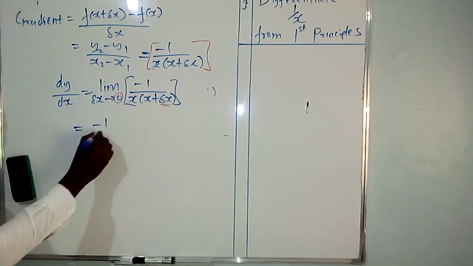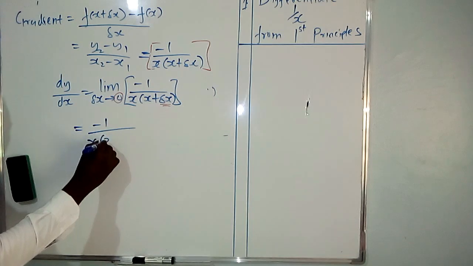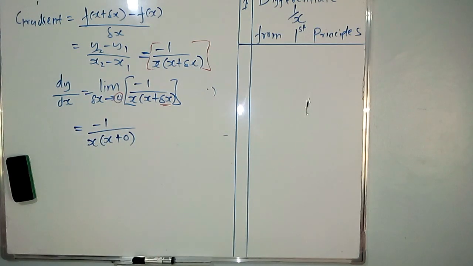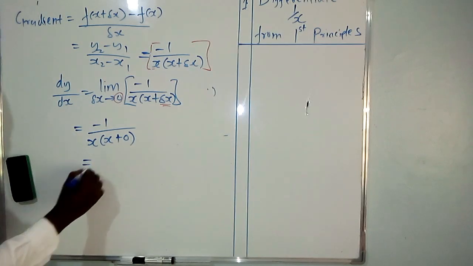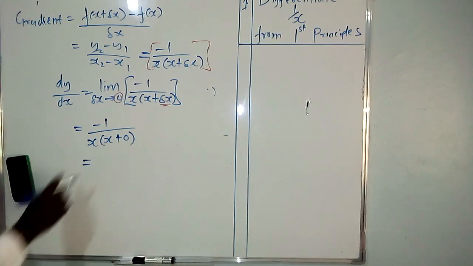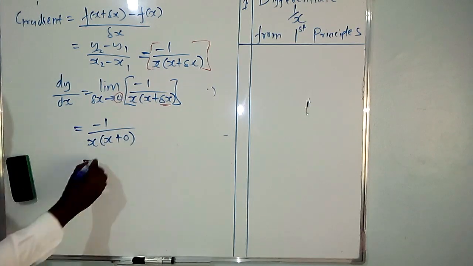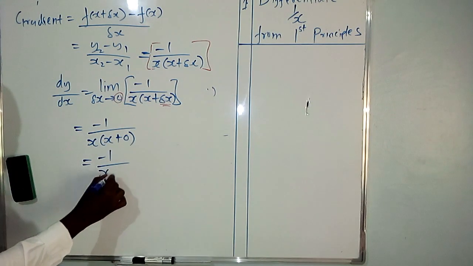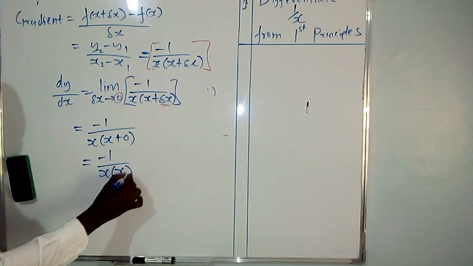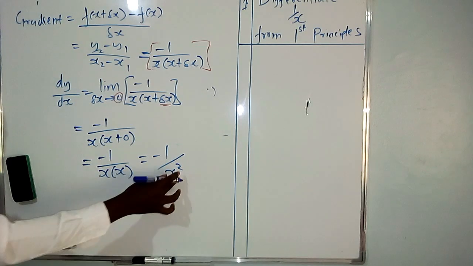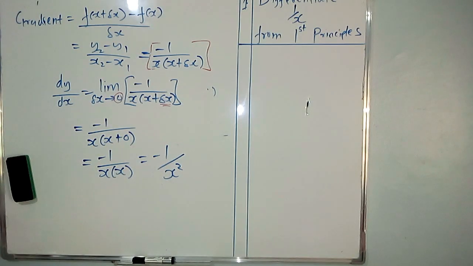So in the numerator we remain with negative 1, in the denominator we remain with x into x plus 0. Meaning when we get rid of the limit, where there is change in x, we put 0. So what do you get there? Negative 1 over x plus 0 is x, so x times x, you are done. Just like that, you differentiated the function from first principle.